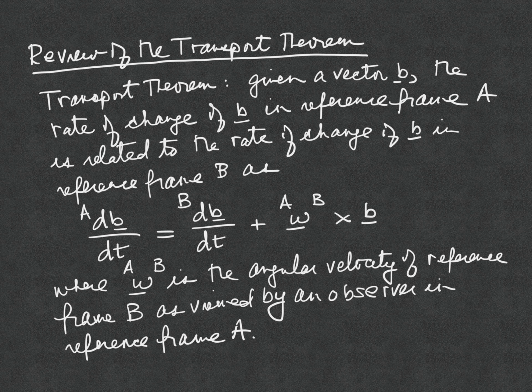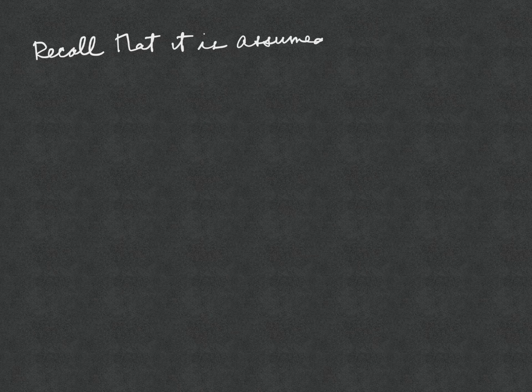So now let's look at the transport theorem visually through a picture to provide an understanding as to what is going on with the different terms in this theorem. Recall that it is assumed that frames A and B share a point.